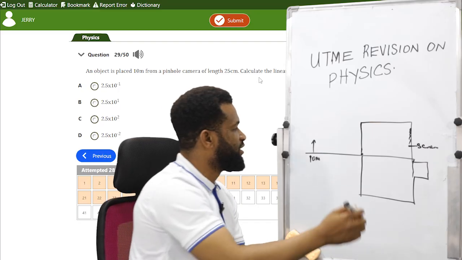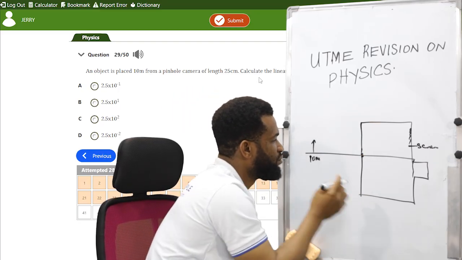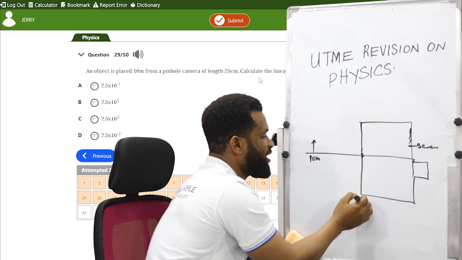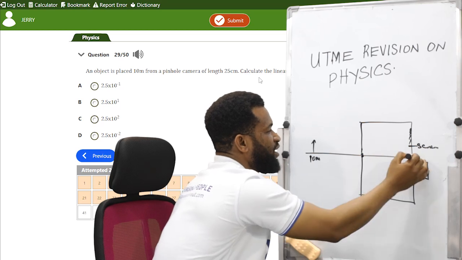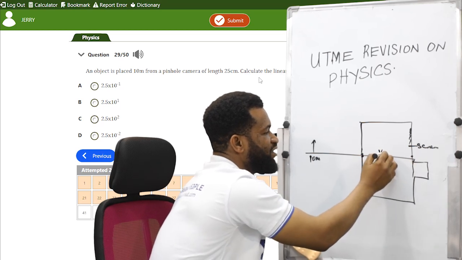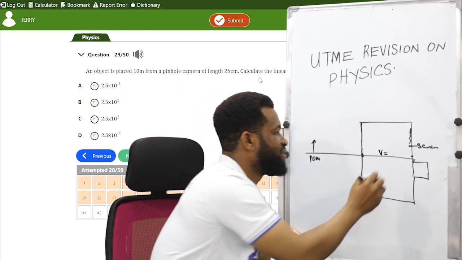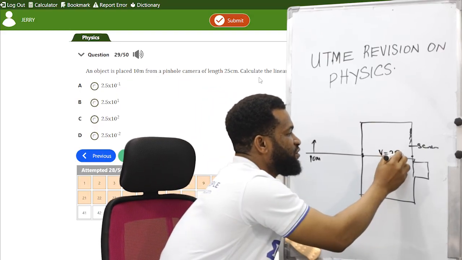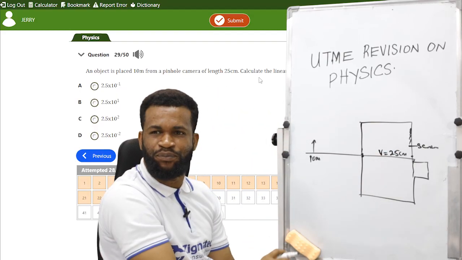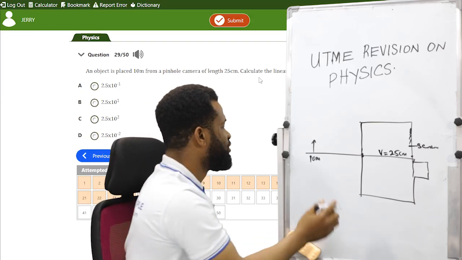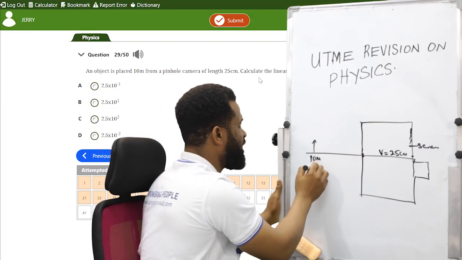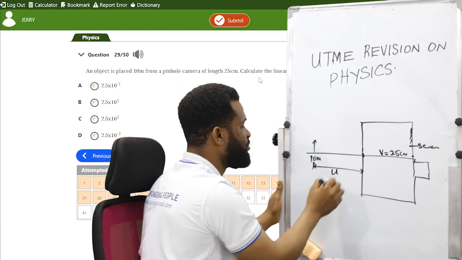That means from the pinhole to the screen is the length, and that represents the image distance, which is 25 cm. That is V. So from the object to the pinhole represents U.